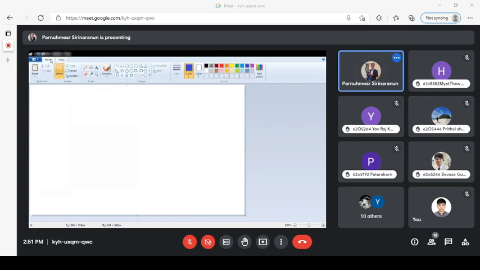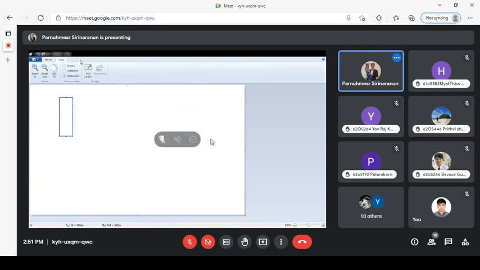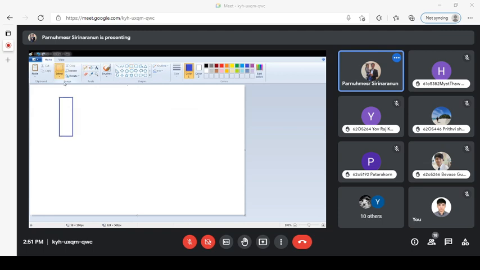What concept? Assume you have some container. Two containers, the same container.